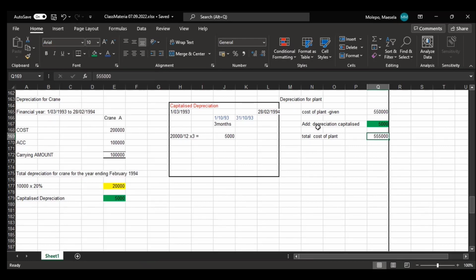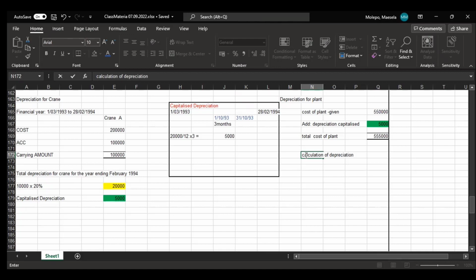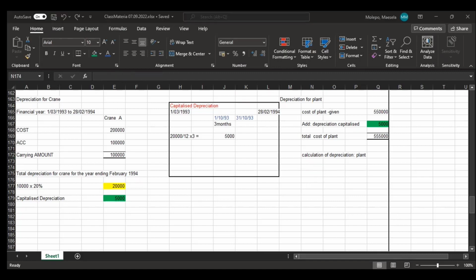Now we can calculate depreciation of this plant. Let's read from the study guide.